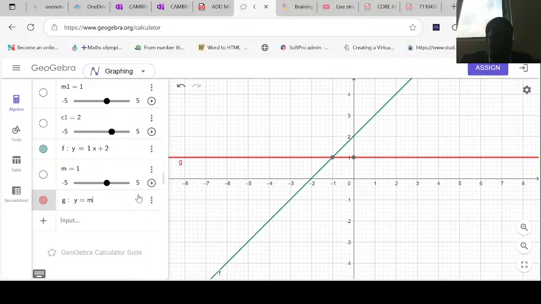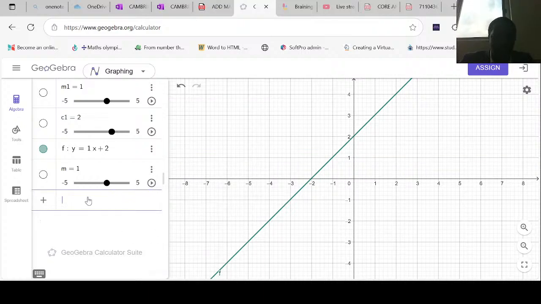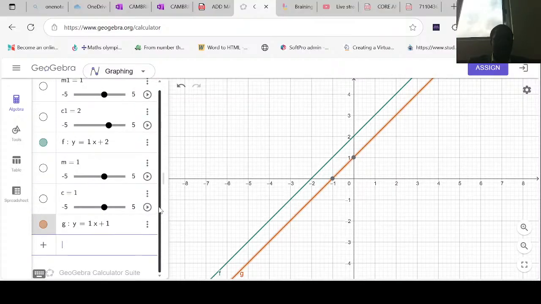I'll just delete and do it again. So y equals mx plus c. It's actually giving me the same line, but I'll use a different slider now. So this is m2, and the other one will be c2.